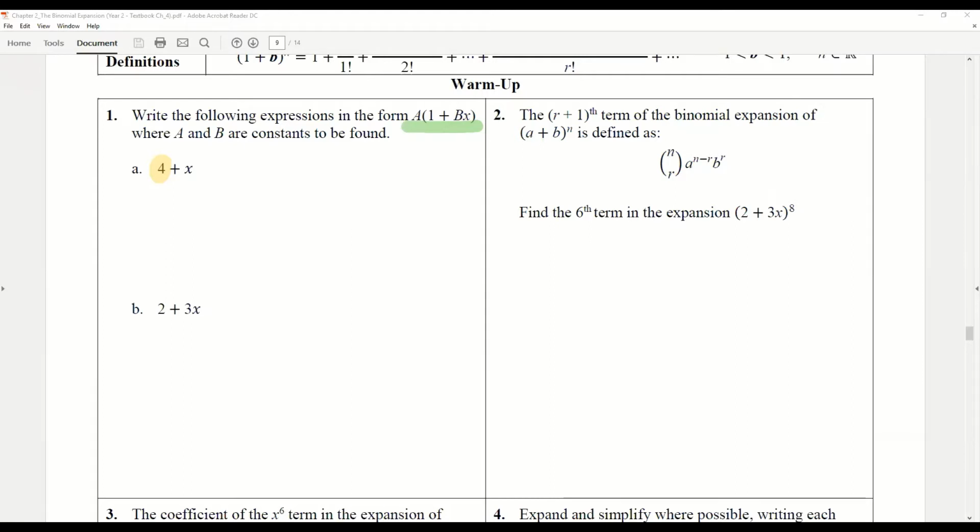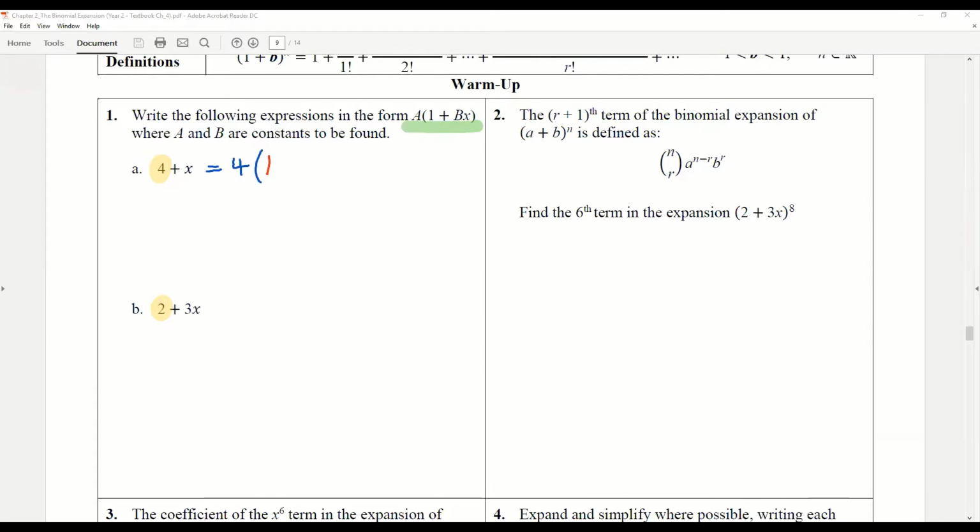And the same will apply here in part B, but we'll deal with part A first. So I'm forced, by the way this factorization is designed, to write 4 as a factor outside of the bracket. Now, inside the bracket, there has to be a 1 here. I have to create that 1 because that's what's required.